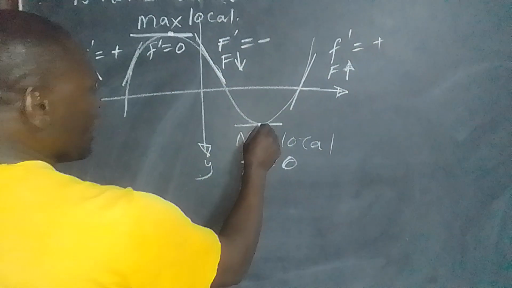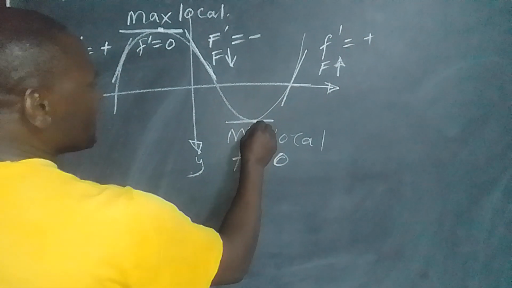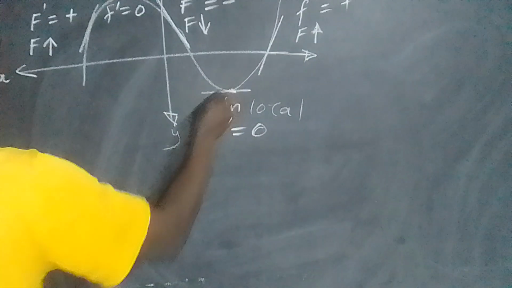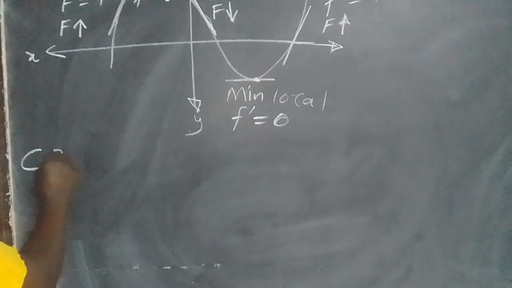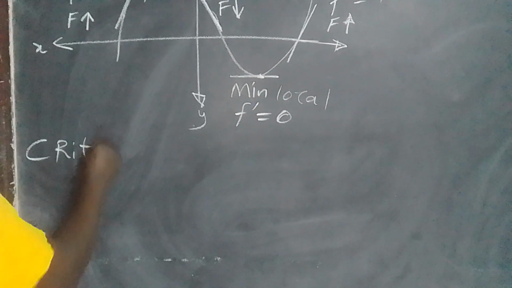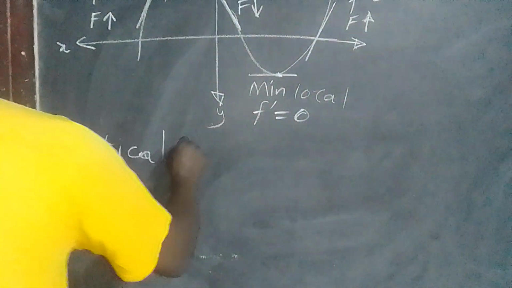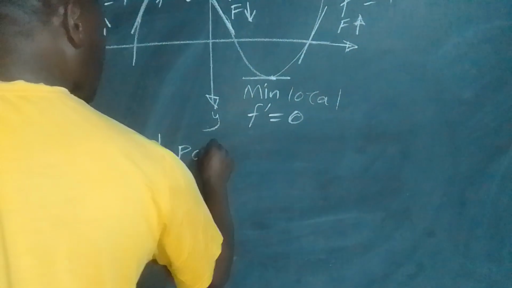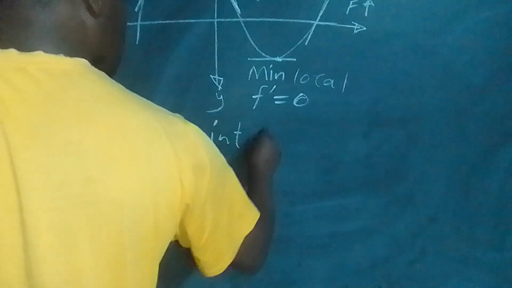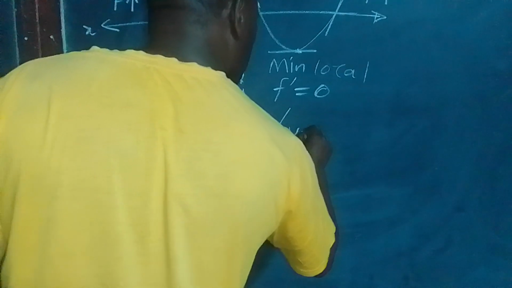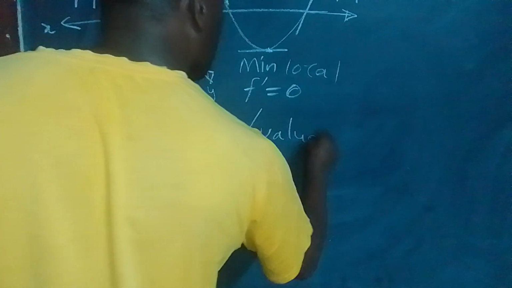Now, this point here is called a critical point. This is where we find our critical point. Some people call it a critical number or critical value.